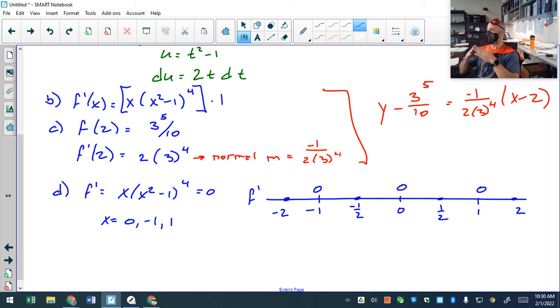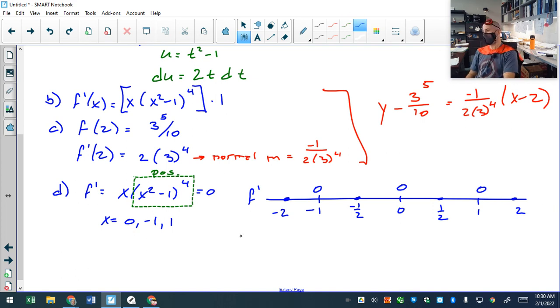And these are going to be really nice to plug in, because I'm looking at my derivative and I see x squared minus 1 all to the 4th power. What's going to happen there? Anything I plug into that will be positive, right? Except 1 or negative 1, but I'm not going to plug those in anyway. I've already got those accounted for. So that's going to make it a little bit easier.